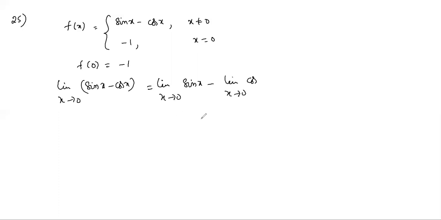So sin 0 is 0, cos 0 is 1, so it is equal to minus 1. The function value is also equal to minus 1. Therefore f is continuous at x equal to 0, and hence it is continuous on R.